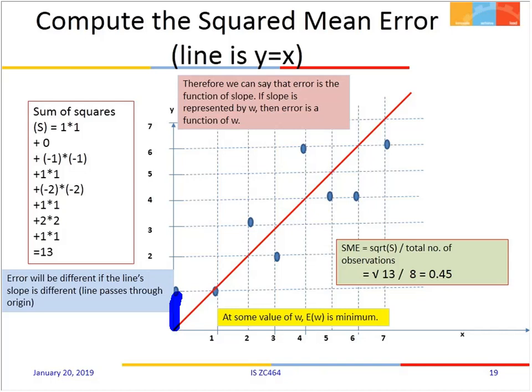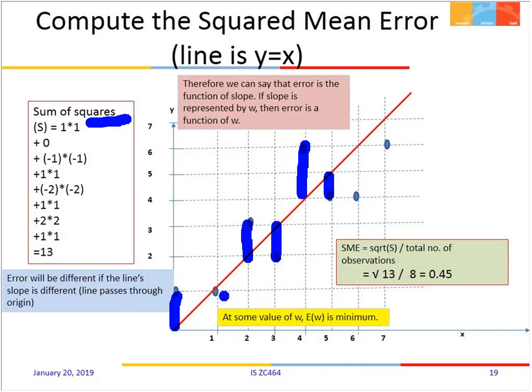Then you have 0. So I have taken here in the sum of squares this 1 into 1, then 0. Then next, sorry, this one has to be 1. Then there is minus 1, then minus 2, then 1. Like that you can keep doing.